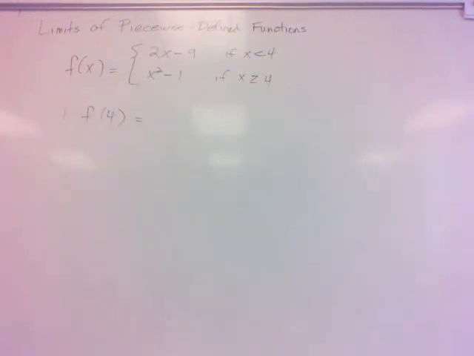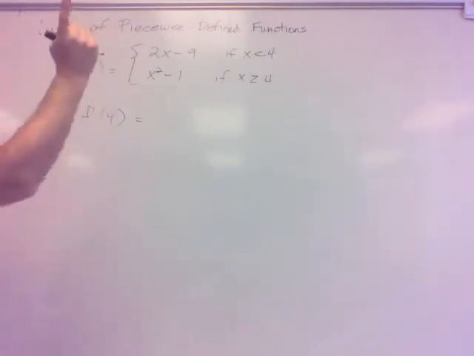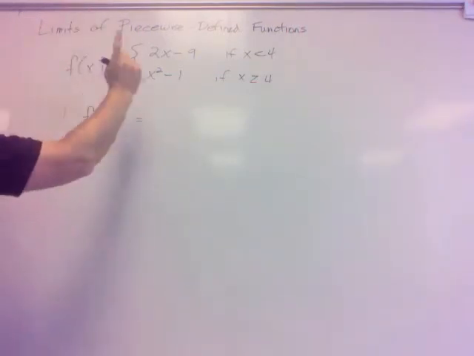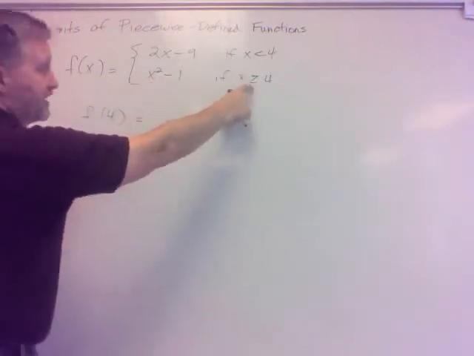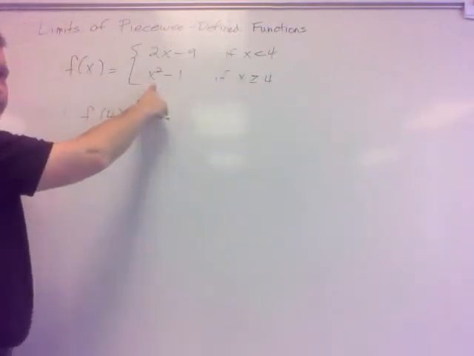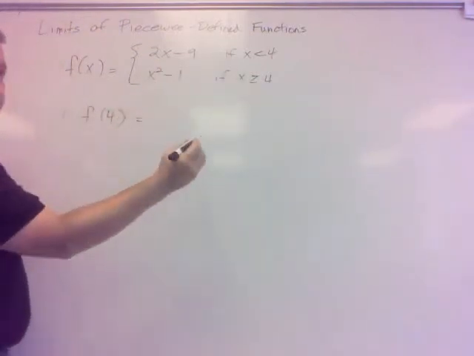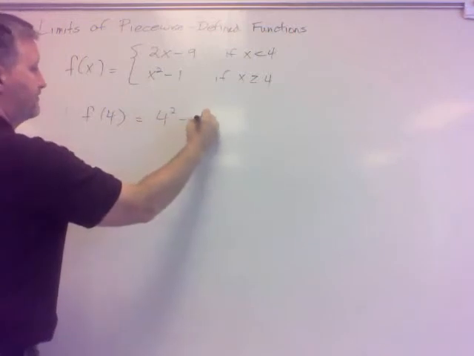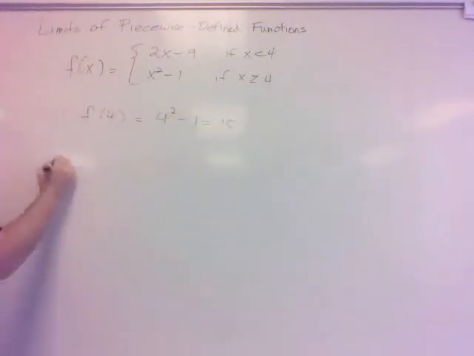Just answer that one. Well, f of 4 would be this one, because when x equals 4, I'm going with this one. With me? 4 squared minus 1. 15.